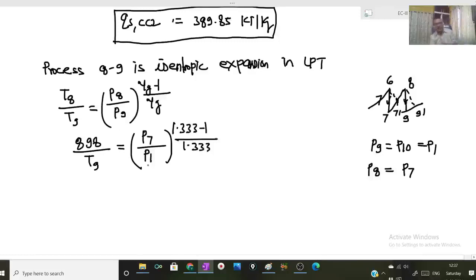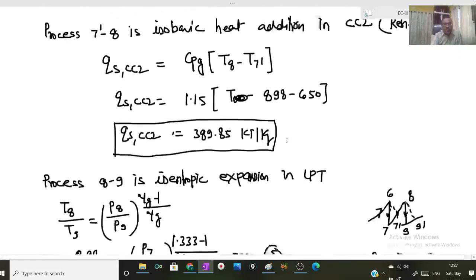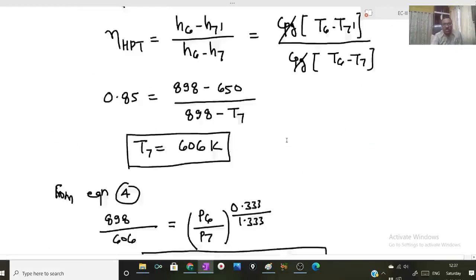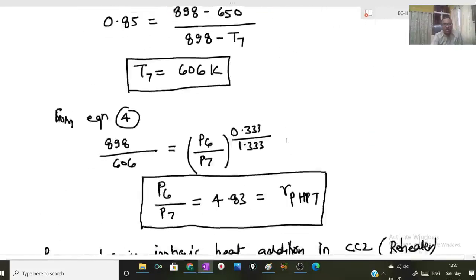Now once again P7 is also not known to me and P1 is also not known to me. Okay, so how to solve this problem? So let's say this is equation number 5.